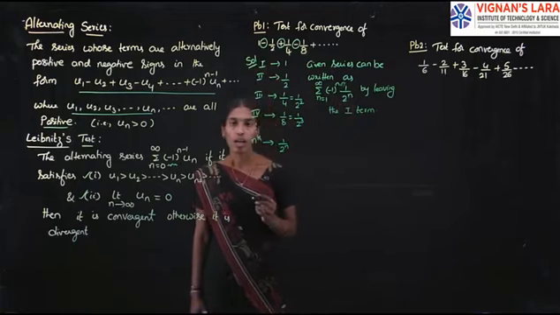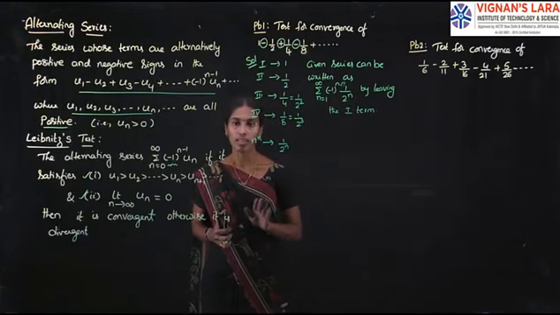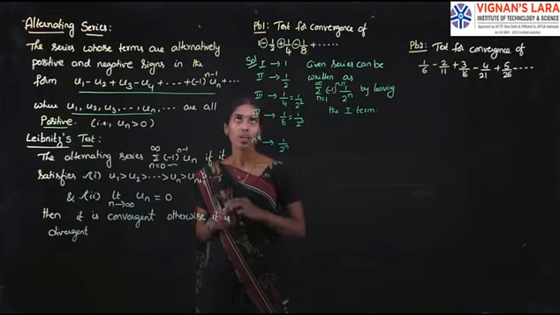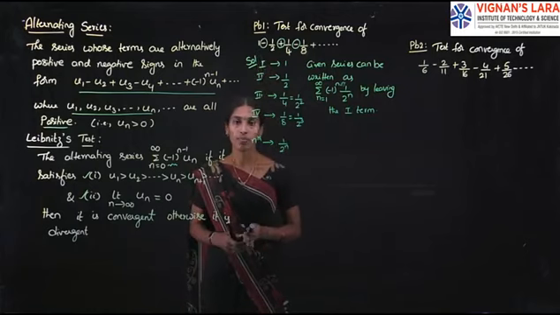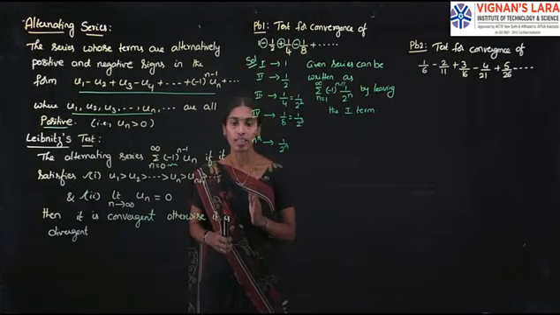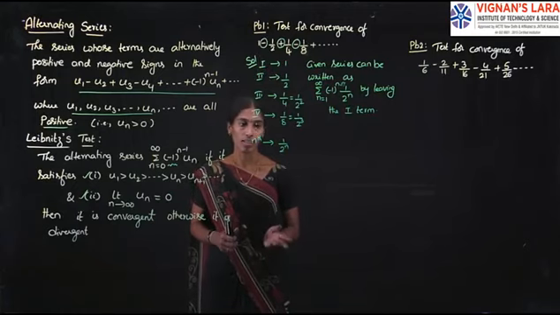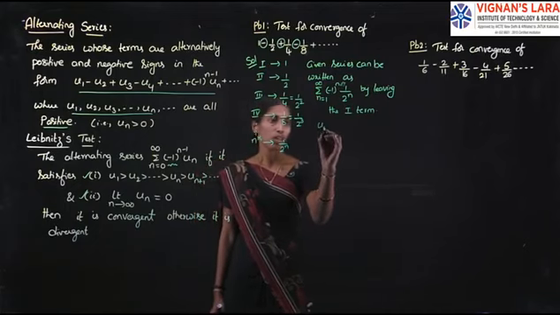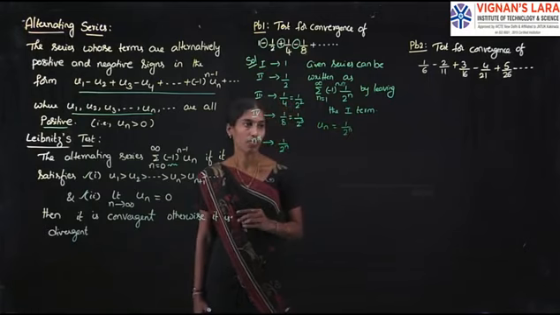Already you know the nature of a series does not alter if we add or subtract some finite value. Because 1 is a finite value, after finding the nature of the series, if we add that finite number 1 to that series, the nature does not alter. So what is Un here? Un is equal to 1 by 2 power n.